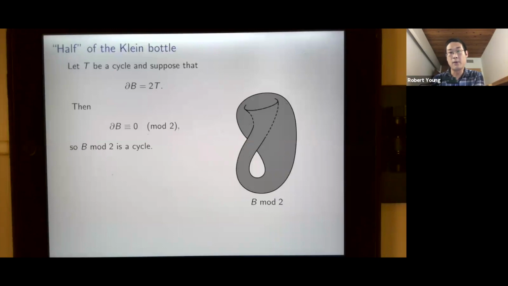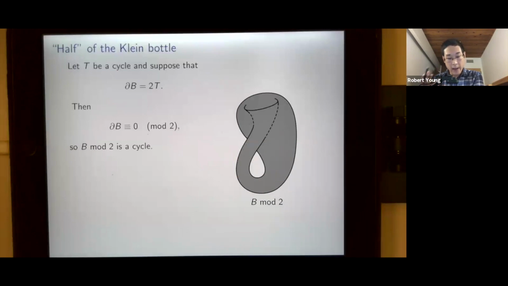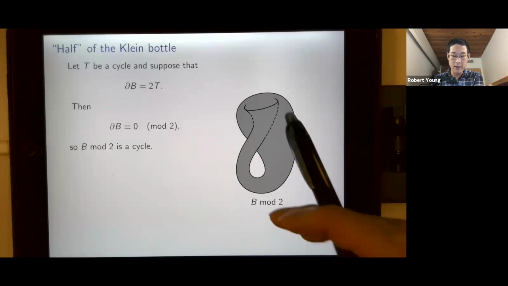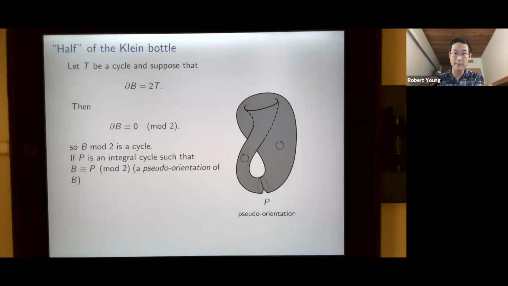A mod 2 cycle is just a surface in Rn. In this case, it's the Klein bottle in Rn. Now, the next step in dimension 0 was to take an orientation of this mod 2 cycle. We can't quite do that here because this is a Klein bottle, which is non-orientable. But what we can do is construct something I call a pseudo-orientation. A pseudo-orientation is just an integral cycle which is congruent to the filling mod 2.